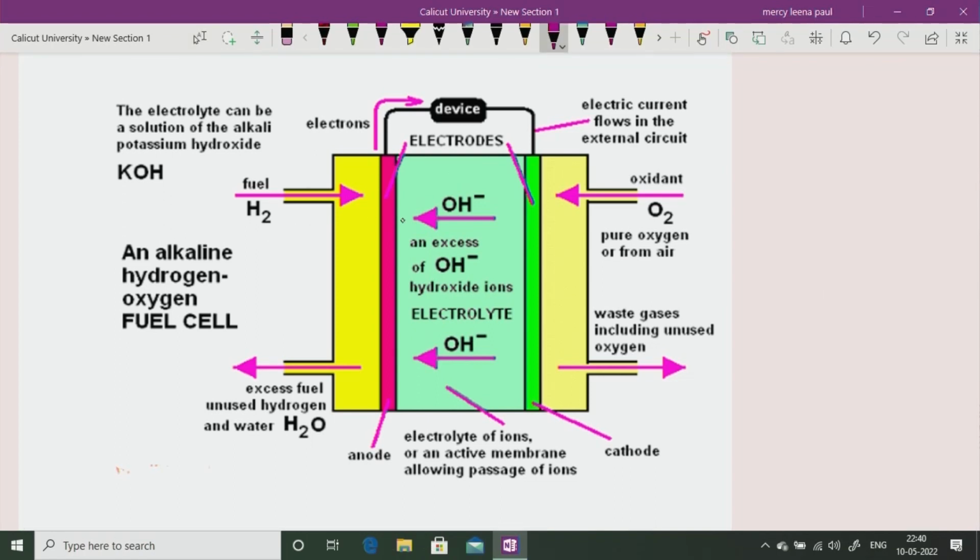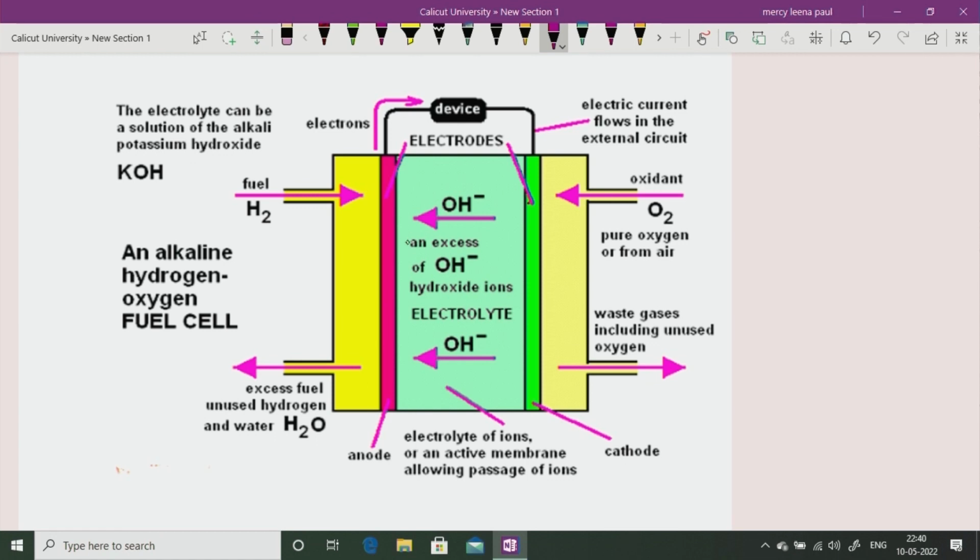These are the two porous graphite sheets, and we keep the electrolyte in between these two. So, these are the two porous graphite sheets, okay, and these act as the electrodes.